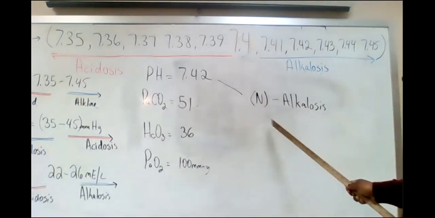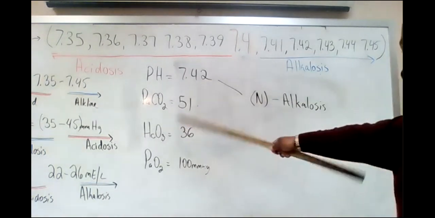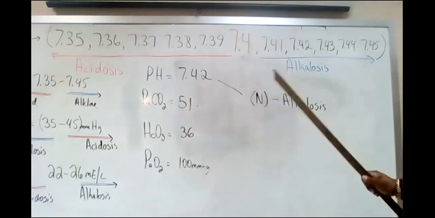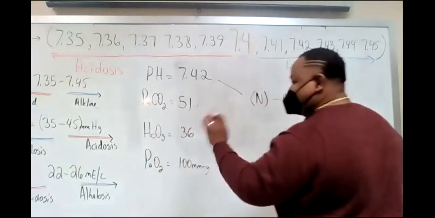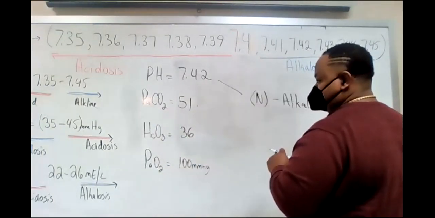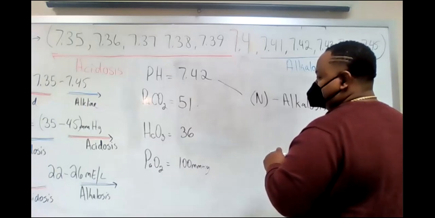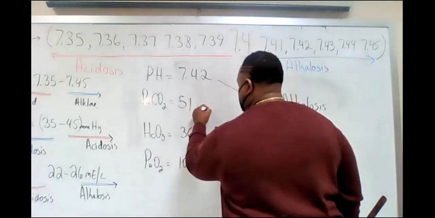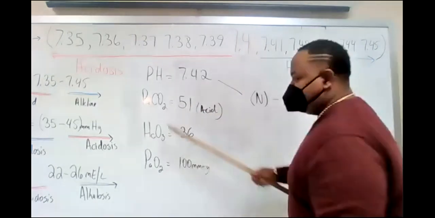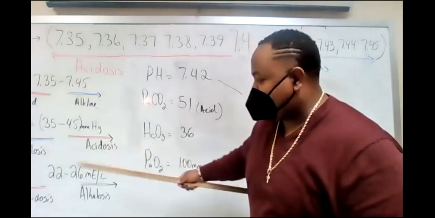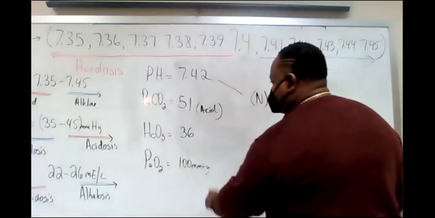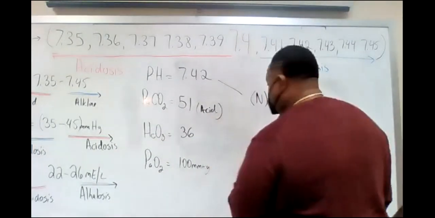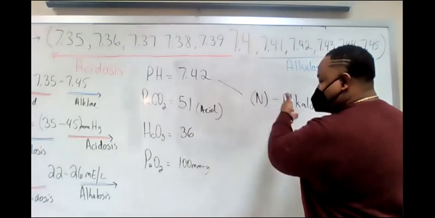Next thing to do is say, who's causing this problem? Which one of them is in her ear pulling her to alkalosis? All right. Let's see. What is CO2 doing right now, Christian? Acidosis. Because CO2 is 51, so that's greater than 45, acid. So we know he isn't causing the problem because he's not matching her.